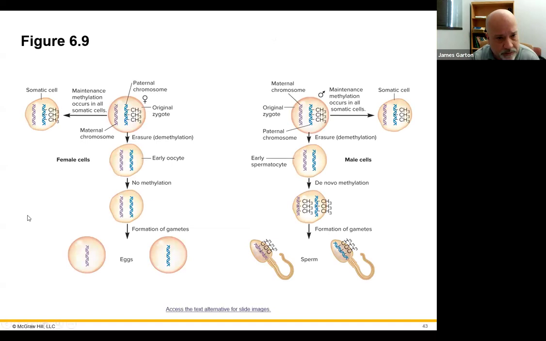And so here's your somatic cell. And this methylation will occur in every somatic cell. During gamete formation, this methylation gets removed, and then you make normal gametes.